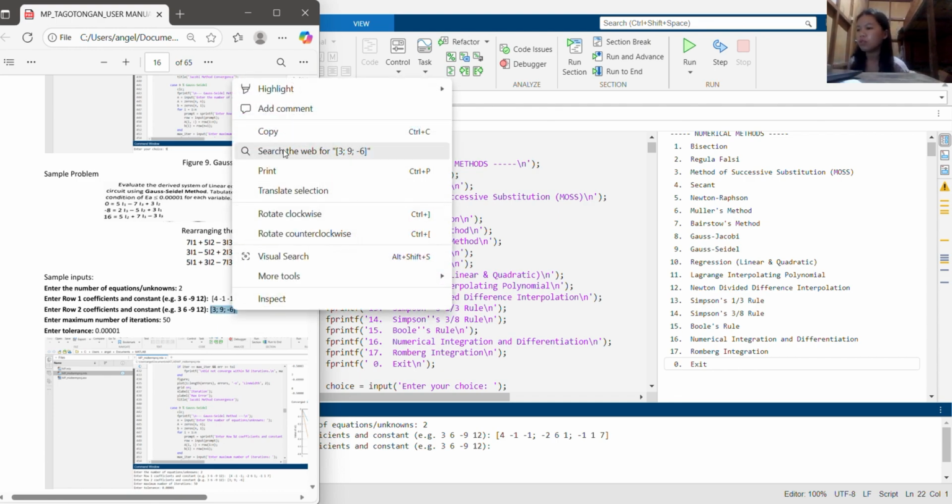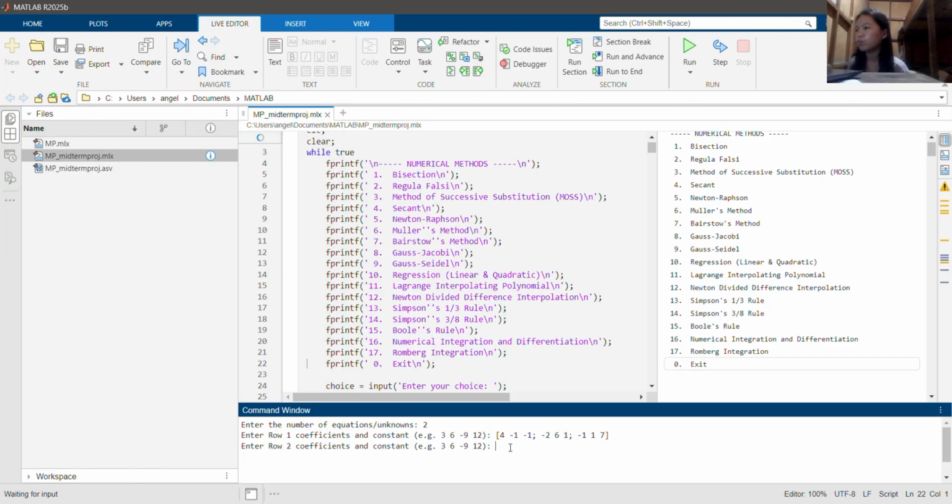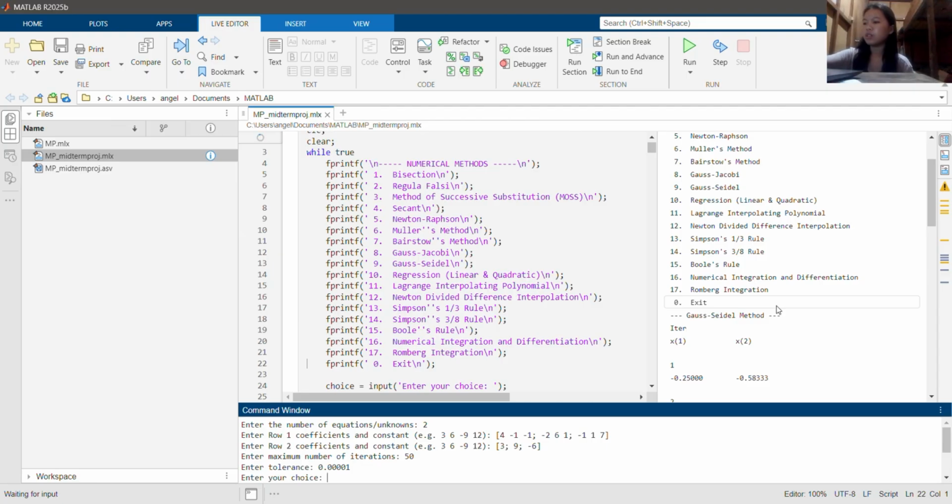Coefficient for row 2, maximum iteration, and then tolerance.